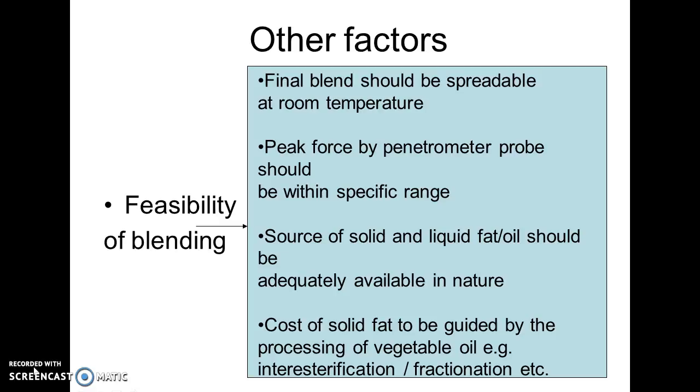So we need to also balance these optimum processing stages so that the cost of the solid fat will not be very high. So the cost, availability and the plastic property of the blend are the key factors to conform to the feasibility of blending.